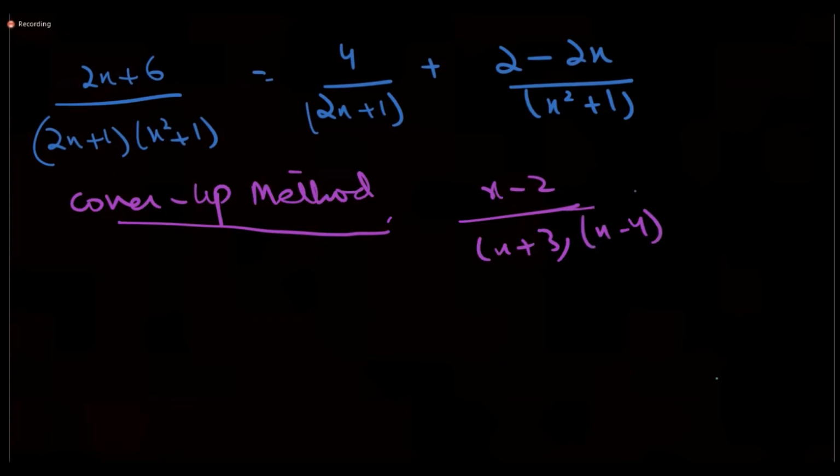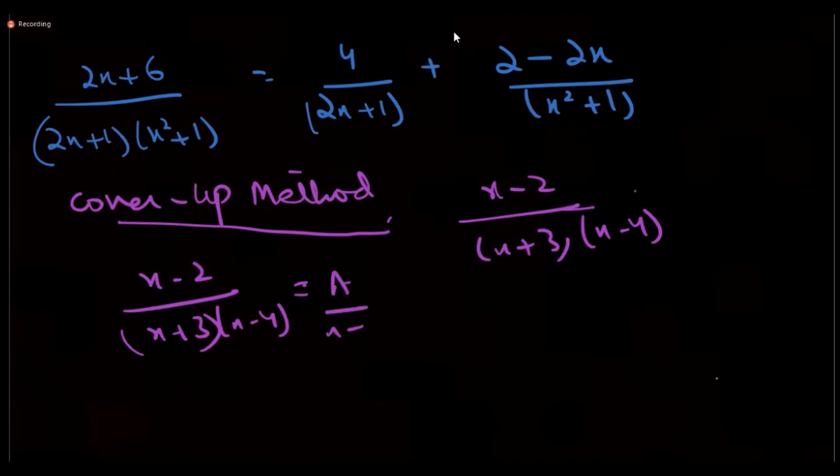We can solve it by the cover-up method, where we plug in the values of x from the other denominator and then find the answer. So (x − 2) over (x + 3)(x − 4) equals A over (x + 3) plus B over (x − 4).